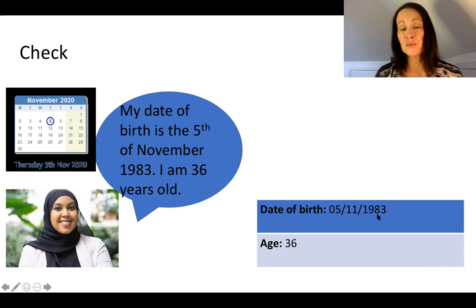So your date of birth will be the day that you were born, the month that you were born, and the year that you were born. And her age, yes, that's correct. How old is she? She is 36.